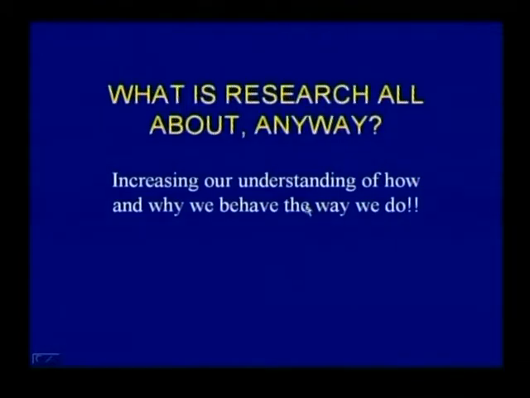We do research to increase our understanding of how and why we behave the way we do, if this is behavioral type of research. Now, you might think that in computer science, we might not be dealing with these types of issues. We might not be dealing with human beings. For example, if we are doing research on grid computing, or we are developing agent systems. But think about it. Computer science is a broad field.